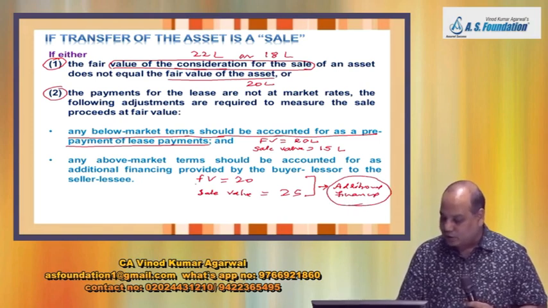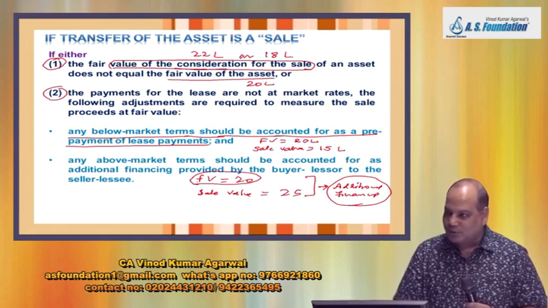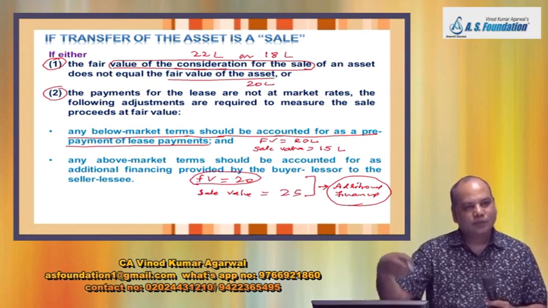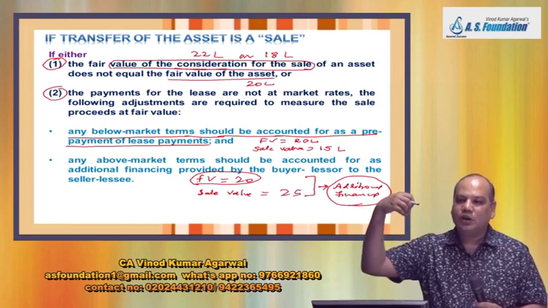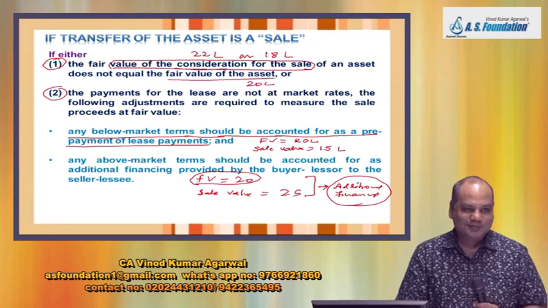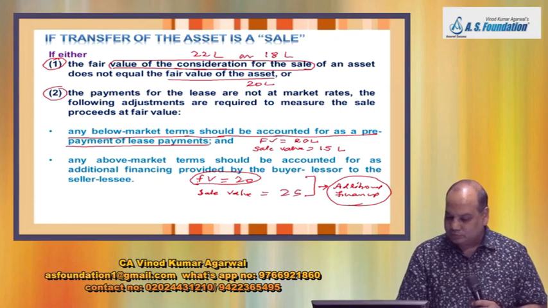He has given you finance for the asset whose fair value is 20 lakh. Okay. Fair value of the asset is 20 lakh. He gave you 20 lakh. But he gave you 25 lakh, which means 5 lakh you treat it as if it is another loan. Okay. That 5 lakh is extra loan you can treat.